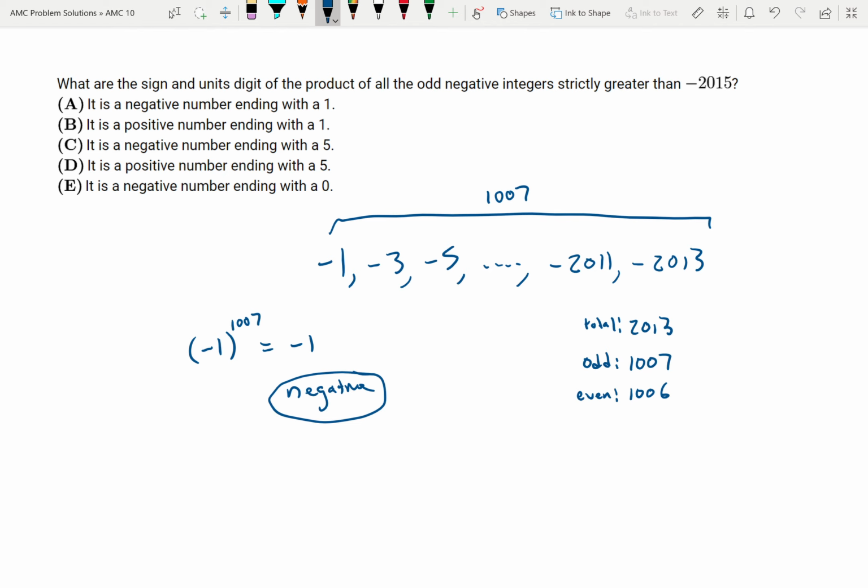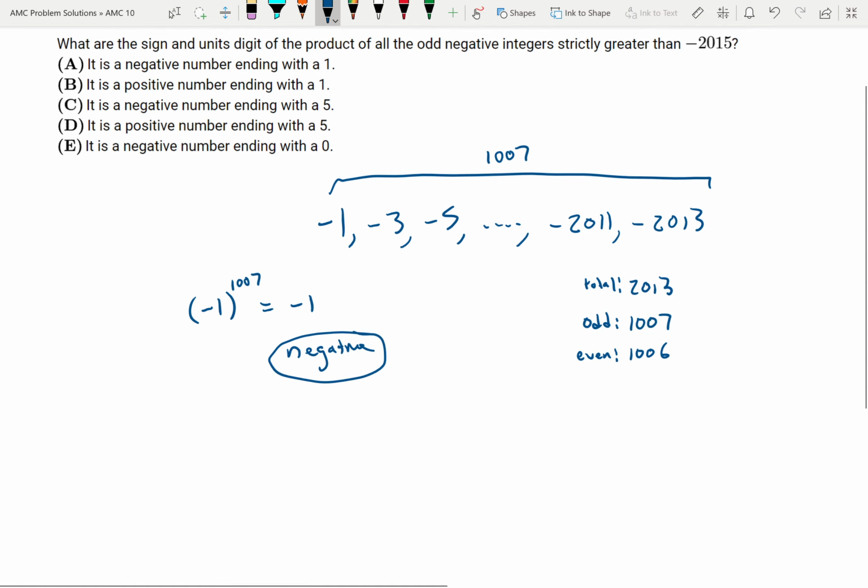Now for the units digit. The only possibilities for the units digit are going to be 1, 3, 5, 7, or 9. If you multiply an odd integer by an odd integer, you'll always get an odd integer.